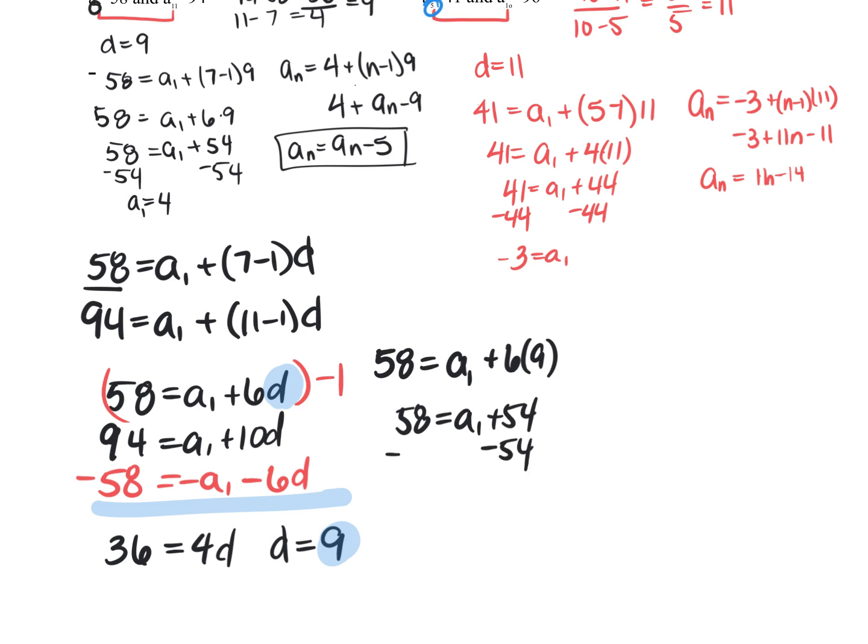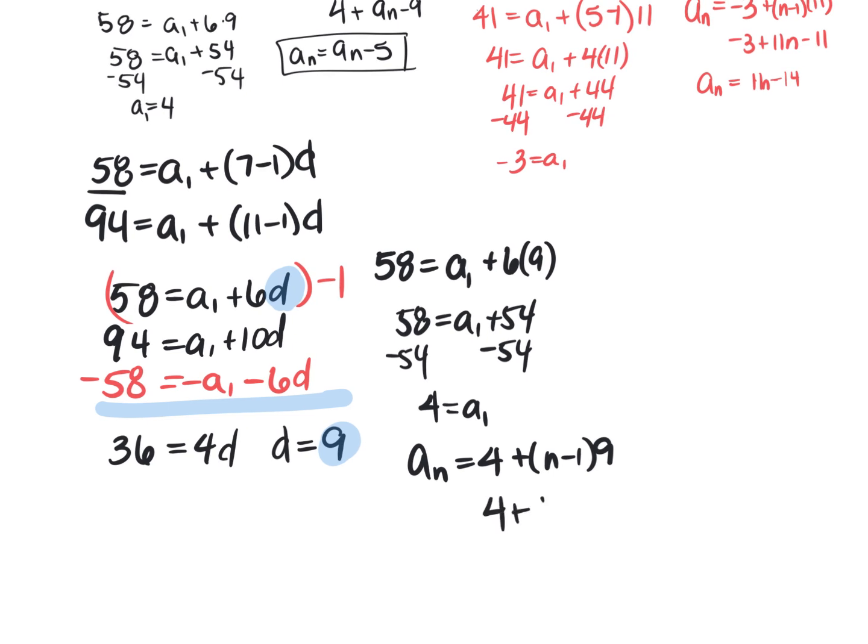Subtract 54. And 4 equals A1. Plugging it back in. 4 plus n minus 1 times 9. 9n minus 9. AN equals 9n minus 5. Same problem.